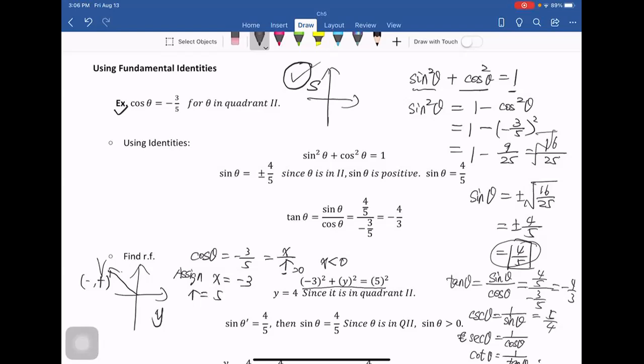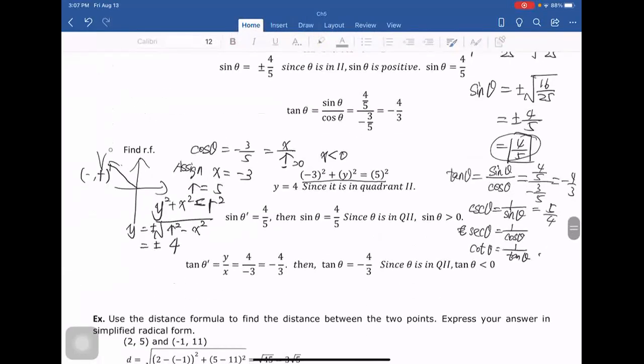So we can easily find y, because y squared plus x squared equals r squared. So y equals positive or negative square root of r squared minus x squared. I think it's 4, because you plugged in the answer. And y here is positive, so y is 4.